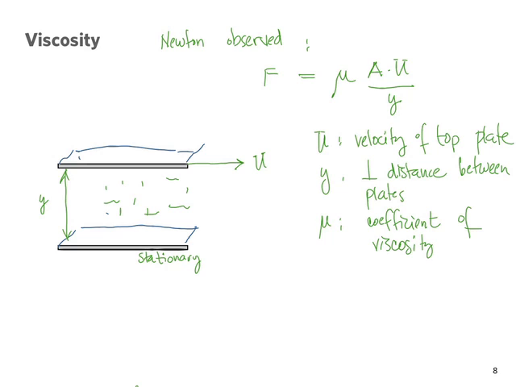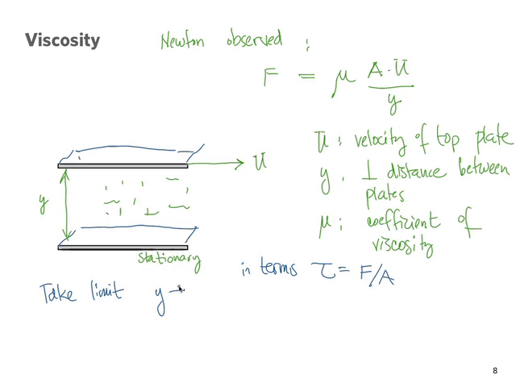Now, in modern engineering, instead of the force, we use the shear, tau, which is equal to force divided by area. We introduce the shear, and also we take a limit. We imagine that these plates really are two very thin layers of fluid, and we want to look at two layers of fluid very close to each other.